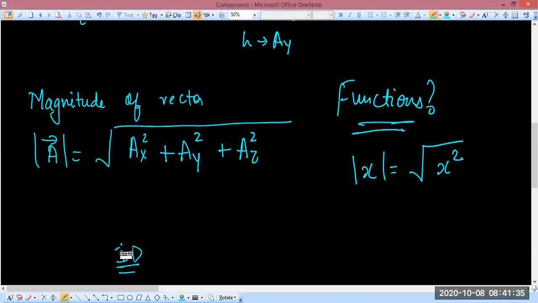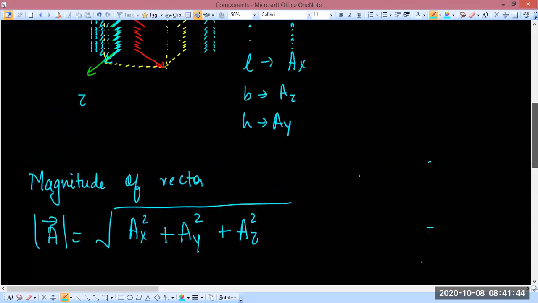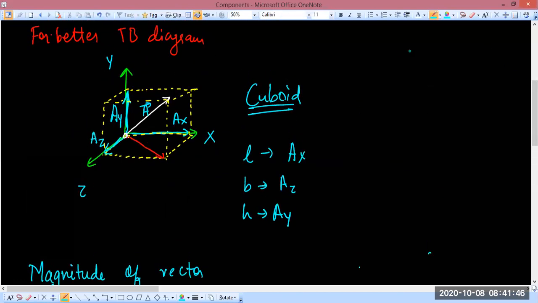Okay, then now how do we get this? Let's just talk about it very quickly. Is there a proof for this or not? Very simple proof. Look at this diagram and focus on what I'm saying. First of all, do you see that this red line is actually the hypotenuse of this right angle triangle on the floor? A right angle triangle has fallen on the floor.